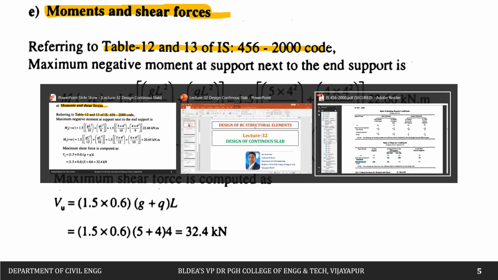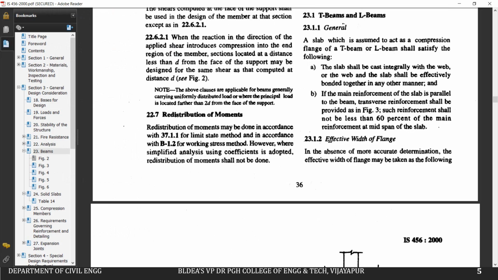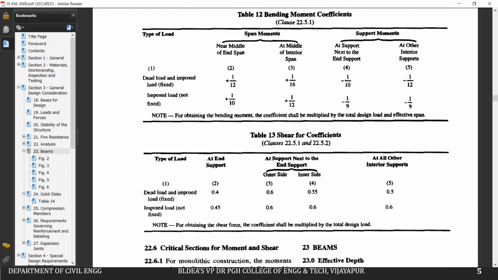If you refer to IS 456-2000, on page number 36, Table 12 gives the bending moment coefficients and Table 13 gives the shear coefficients. For dead load we use these coefficients, and for live load we use these coefficients.